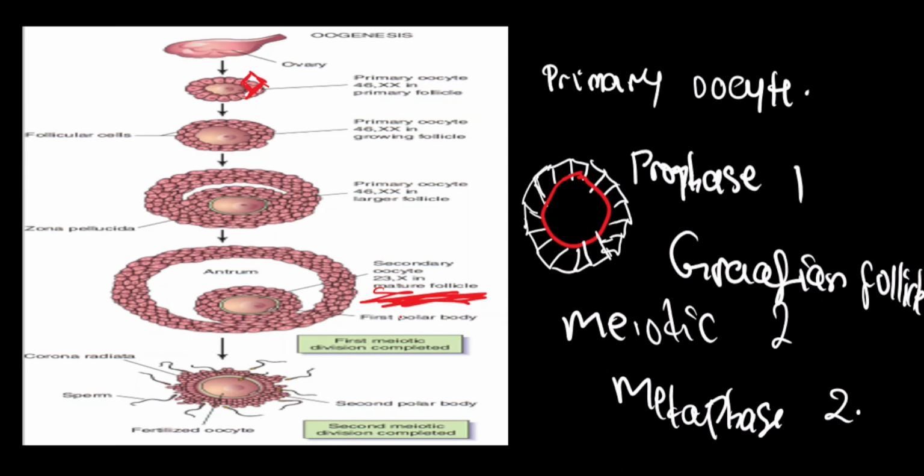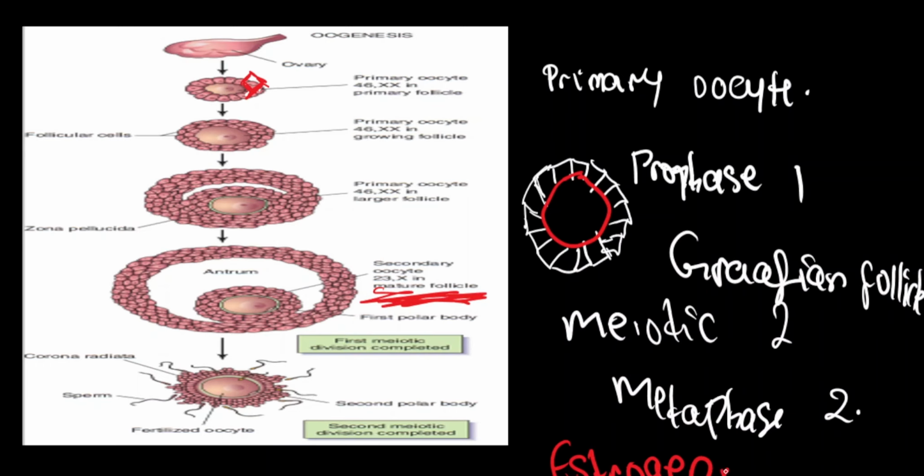This is basically the process involved in the development of the ovarian follicles. Now, the ovarian follicles, as we'd go on to see, actually help in the production of estrogen.